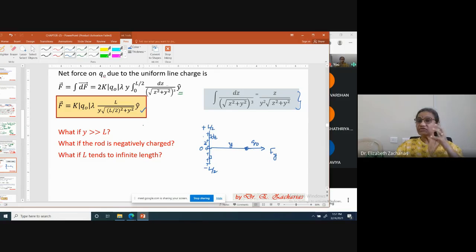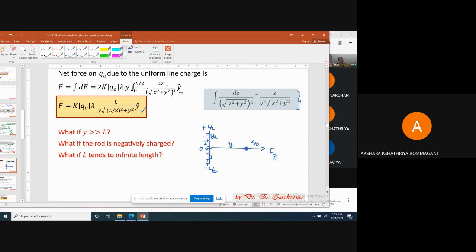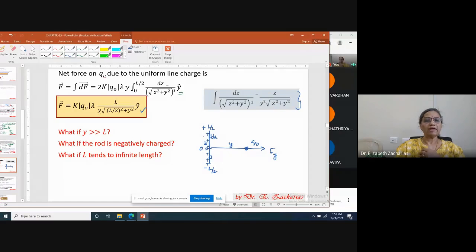Next, what we got, we have to see whether it is dimensionally all right. So how do I test that? K is 1 by 4 pi epsilon naught. Q naught is a charge. What is lambda into L? Q. Yes, that's also all right. And in the denominator, I should get the square of a distance.